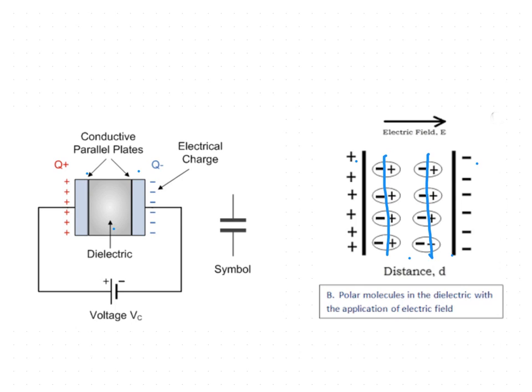Because of this arrangement, these charges are tightly held together, and even after removal of the source, it has the capacity of storing these electric charges. This is the main thing seen in the construction of the capacitor and how the charges are stored.